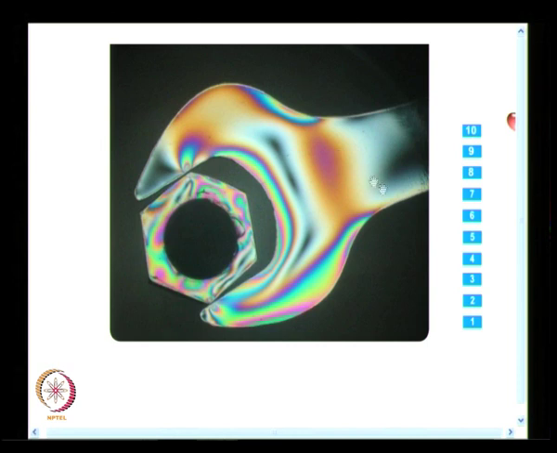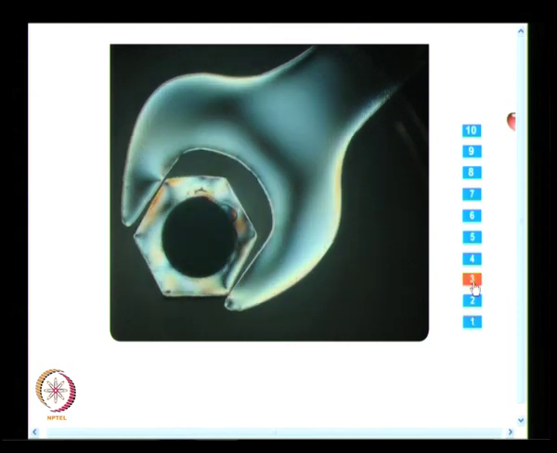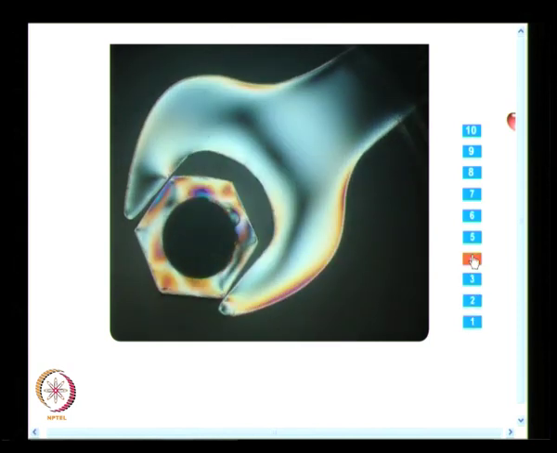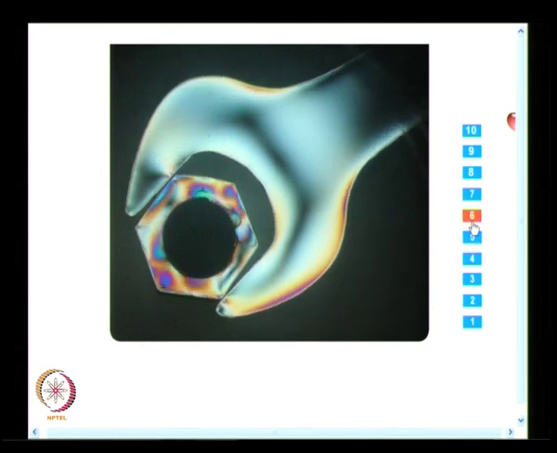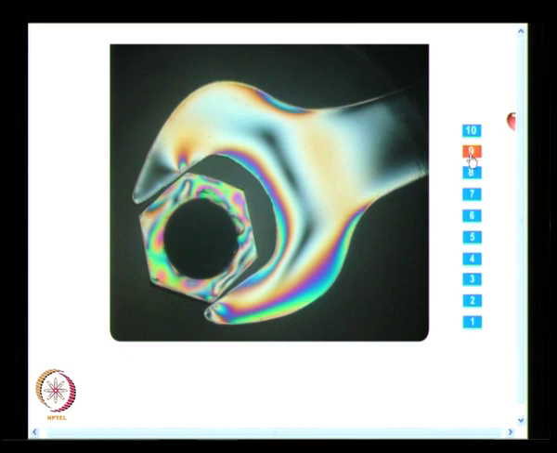And for your benefit I will repeat it again. When I have the least load, it is like this. As the load is increased in stages, the fringes are formed, and we call these fringes.